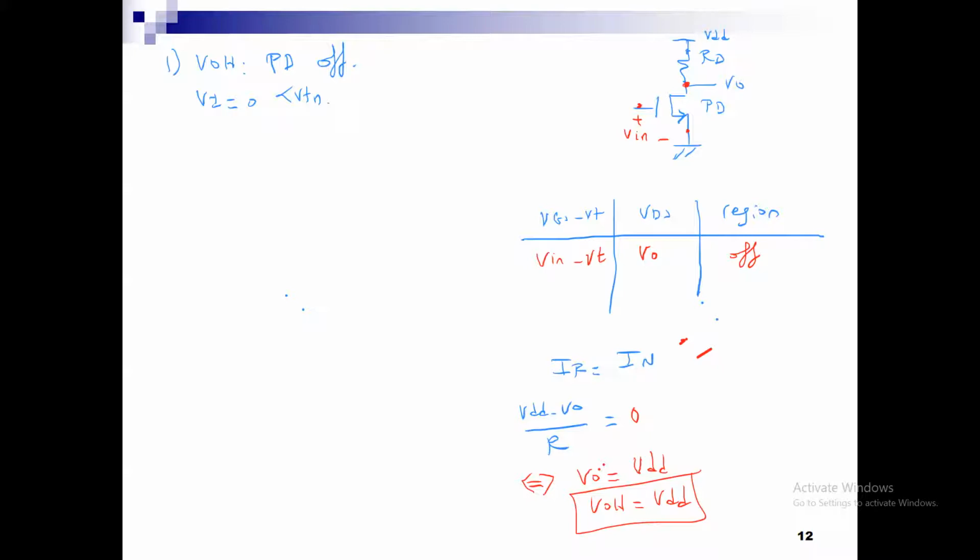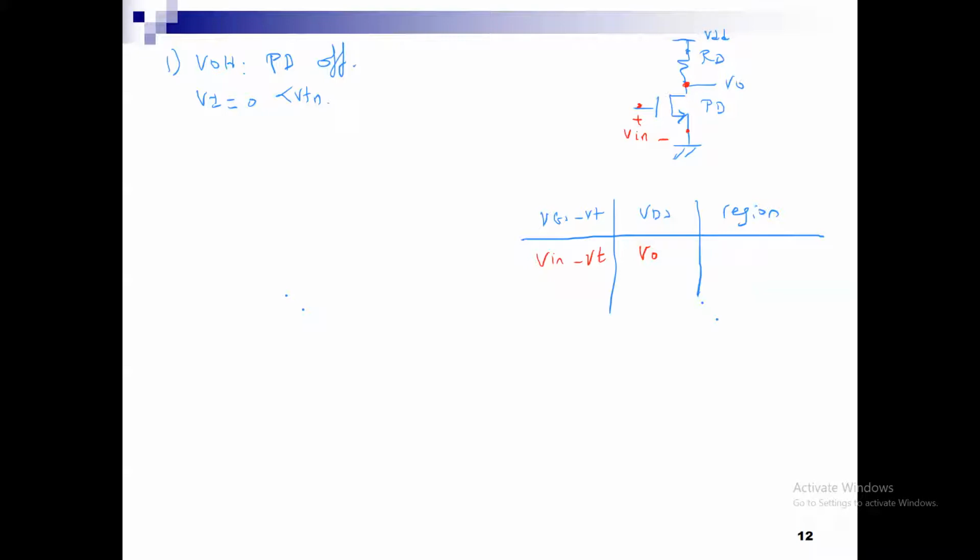Okay. Now we're going to solve for the second point, which is VOL. If I want to solve for VOL, what do I set the input to? I set the input to be equal to VOH, and we said that inside the circuit, the chain of inverters will feed each other, so the highest voltage on the chip can be VOH.